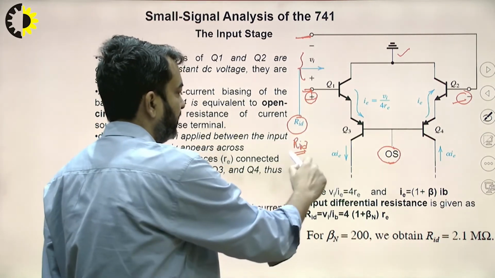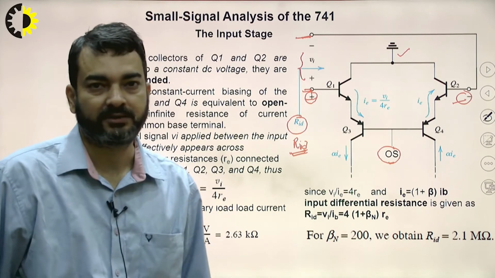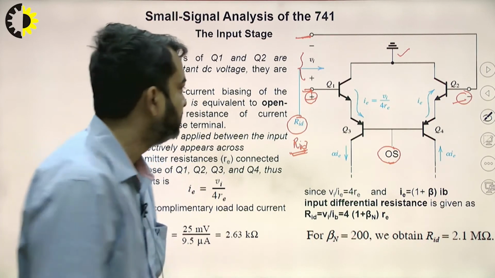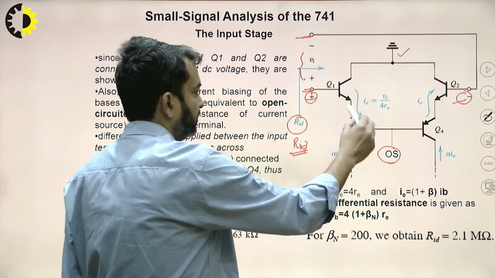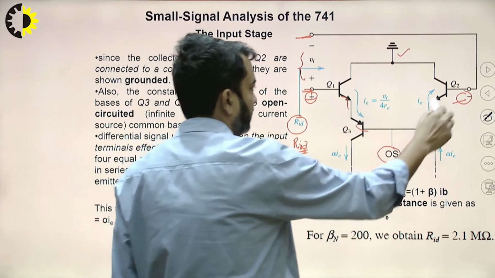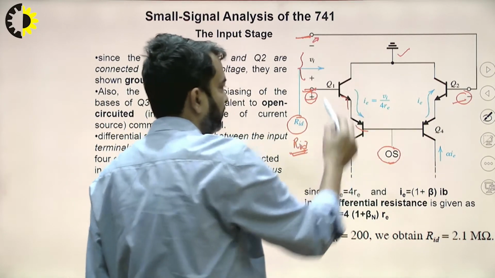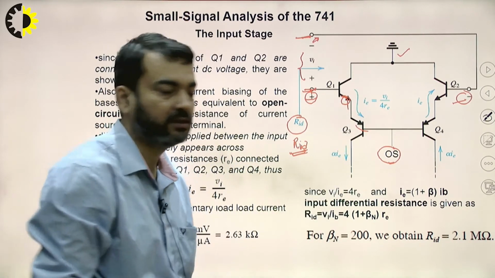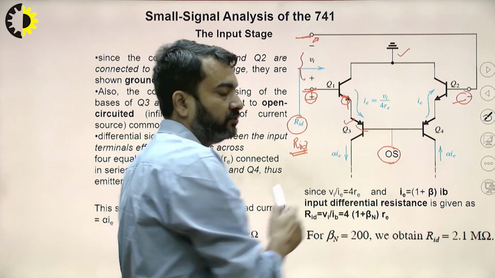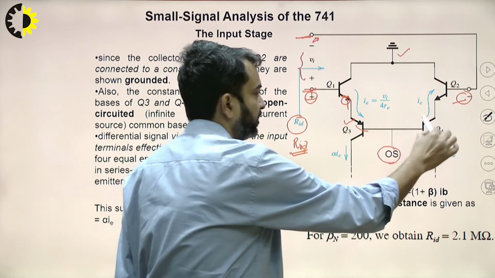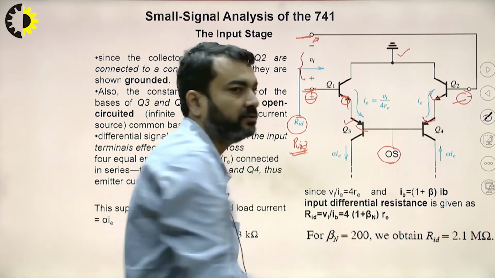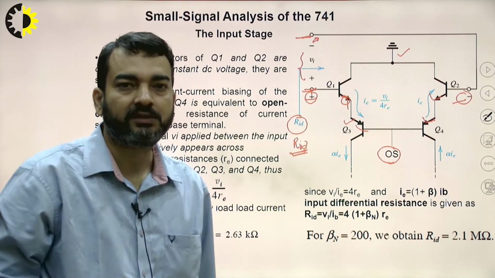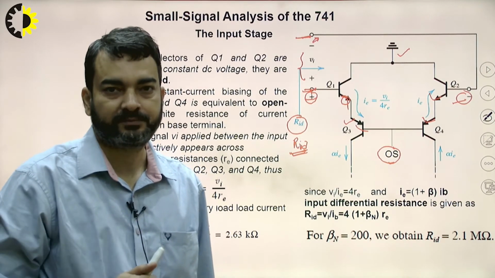That has been designated as RID. We have seen that the total resistance from this point to this point is nothing but the emitter resistance of transistor Q1, transistor Q3, and the emitter resistance of Q4 and Q2. All these four resistances are in series.